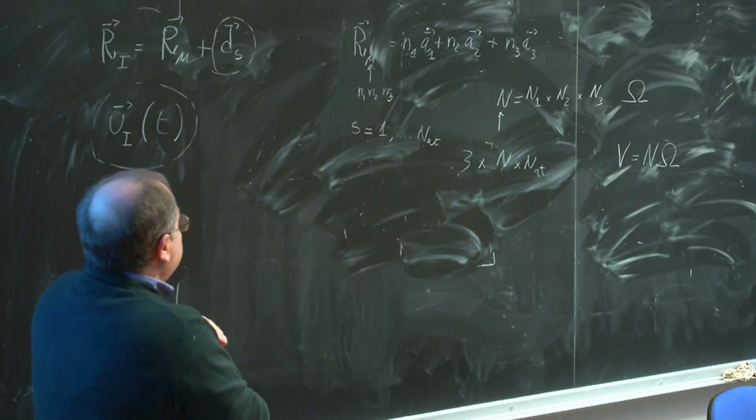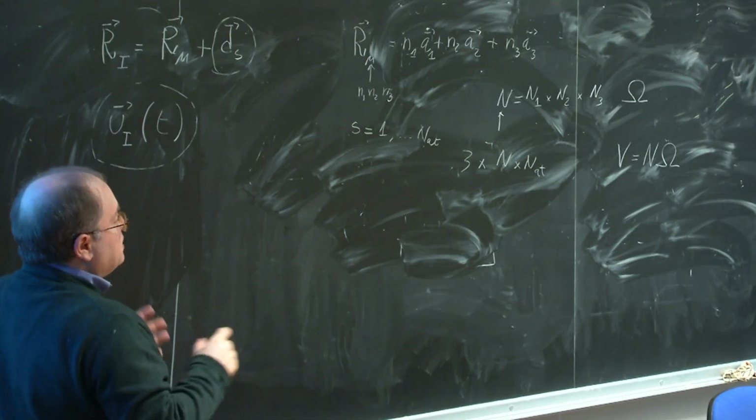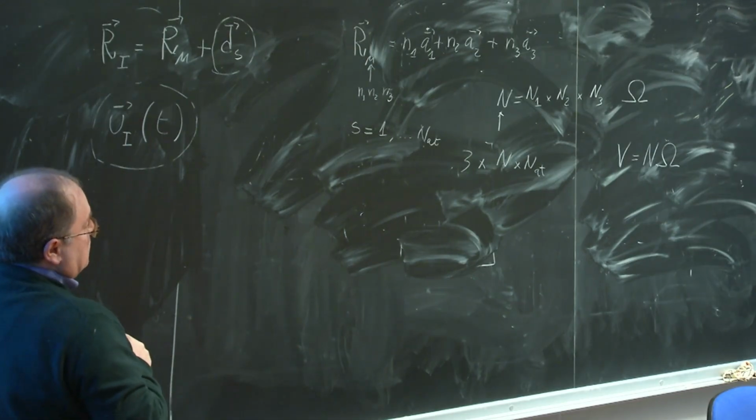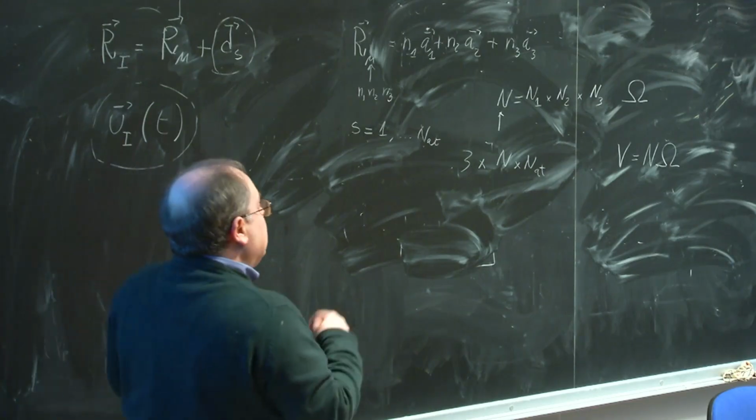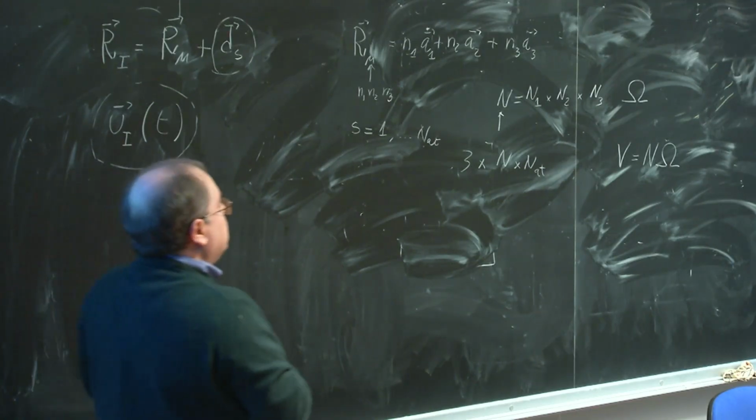So you know that within the Born-Oppenheimer approximation, the nuclei move in a potential energy surface that is given by the total energy of the electrons calculated at the instantaneous position of the nuclei.